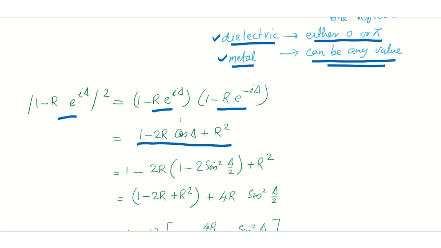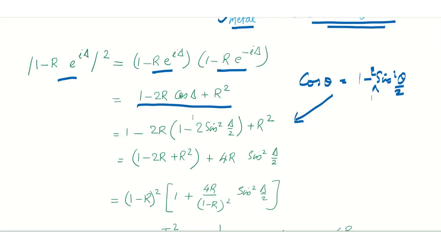But cos theta is 1 minus 2 sine square theta by 2, and that's what we have used here.